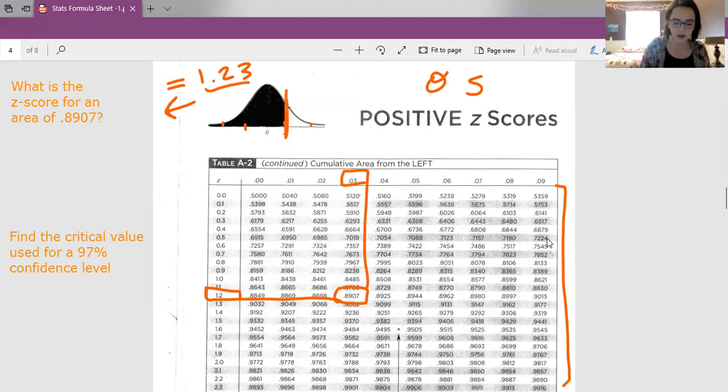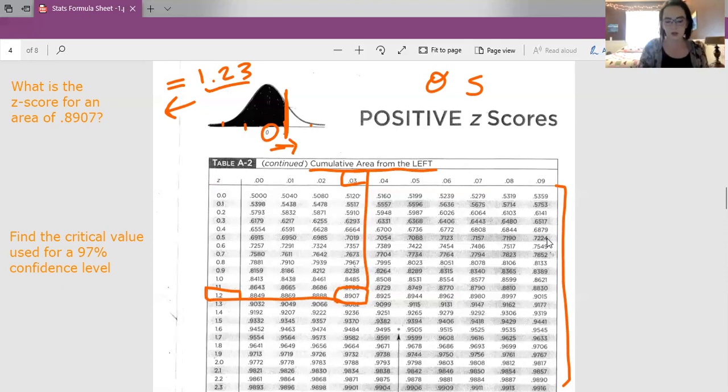So 1.23 is going to be to the right of 0, right? If 0 is our mean in our standard normal distribution, a z-score of 1.23 is going to be to the right. Now, trying not to go too fast, think about what this does to the area. For these tables, area is always to the left of the value.